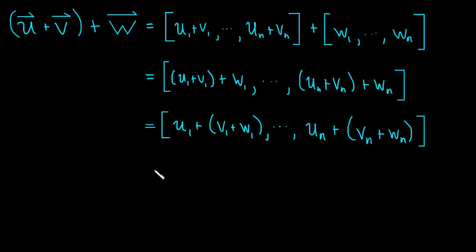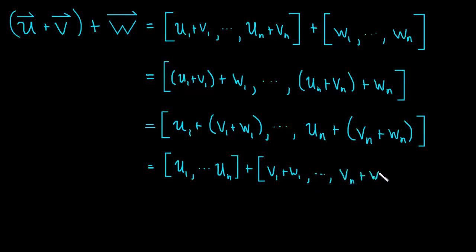And now we can break this up into the vector u1 all the way to un, plus the vector v1 plus w1 all the way to the end, vn plus wn.